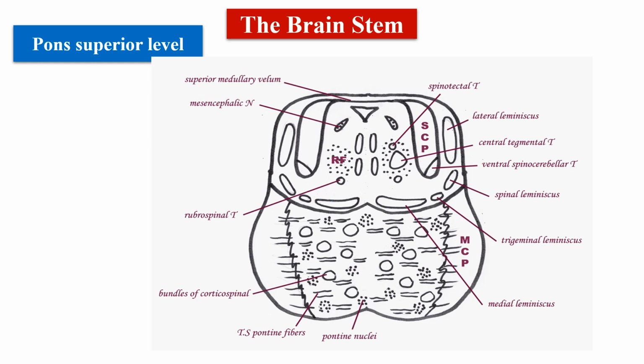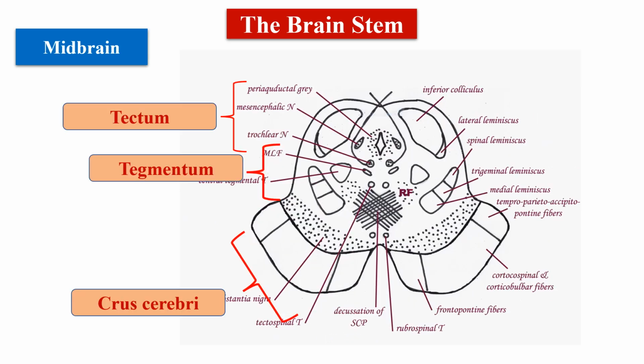I can see the MCP, or middle cerebellar peduncle, present on both sides of the basal pons. At the tegmentum pons, here we can see the SCP, superior cerebellar peduncle, present clearly, and the mesencephalic nucleus present at the posterior aspect. This is the nucleus of the trigeminal nerve, and other tracts as before in the previous levels.